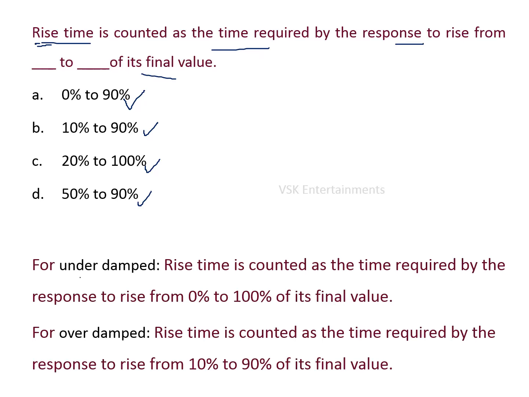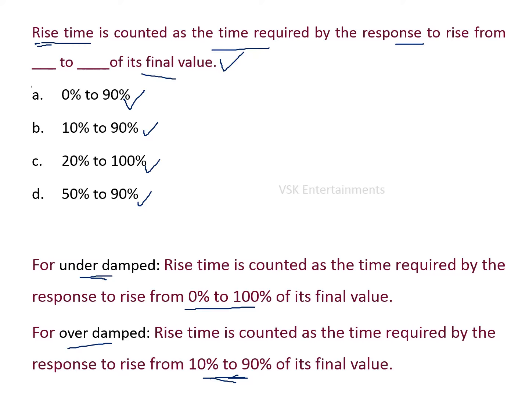If the system is an underdamped system, rise time is defined as time required by the response to reach from 0 to 100%. If the system is overdamped, then rise time is the time taken by the response to reach from 10 to 90%. In this bit, there is no concept of type of the system.